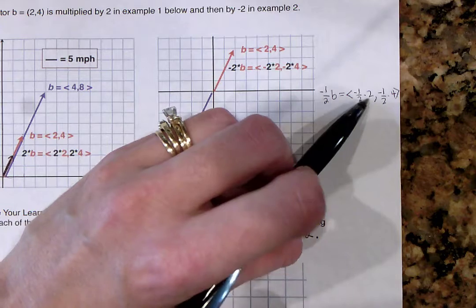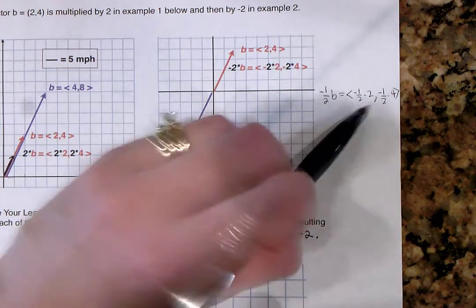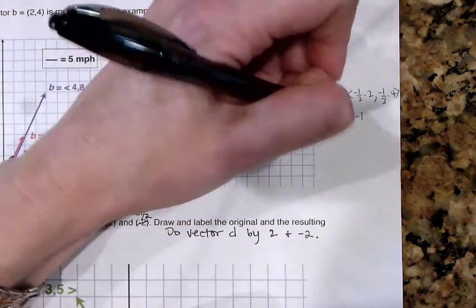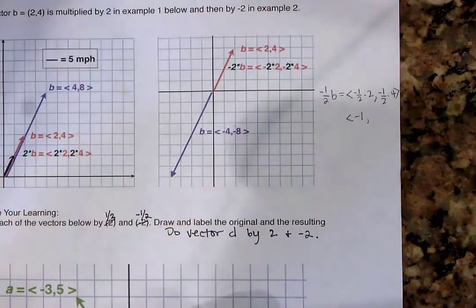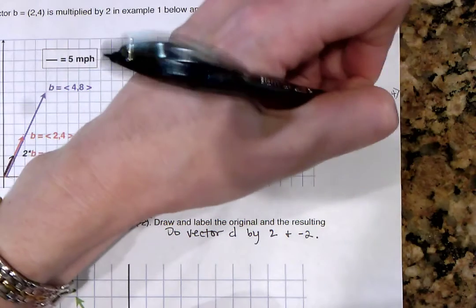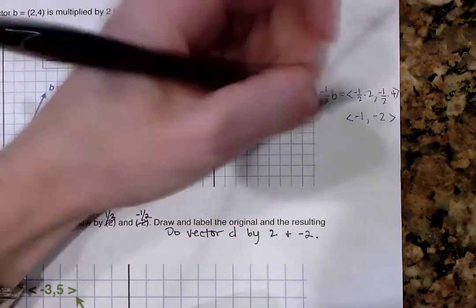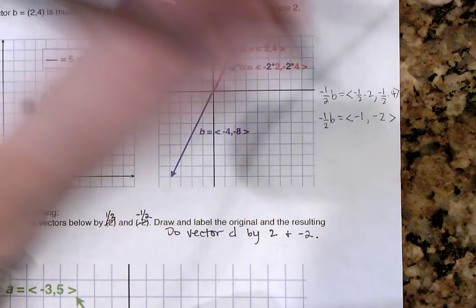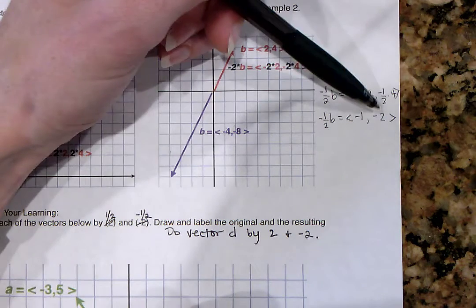Again, a half of 2 is 1, but it's going to be negative. And then a half of 4 is 2, but again, it's going to be negative. So -1/2 times b is now the vector -1, -2.